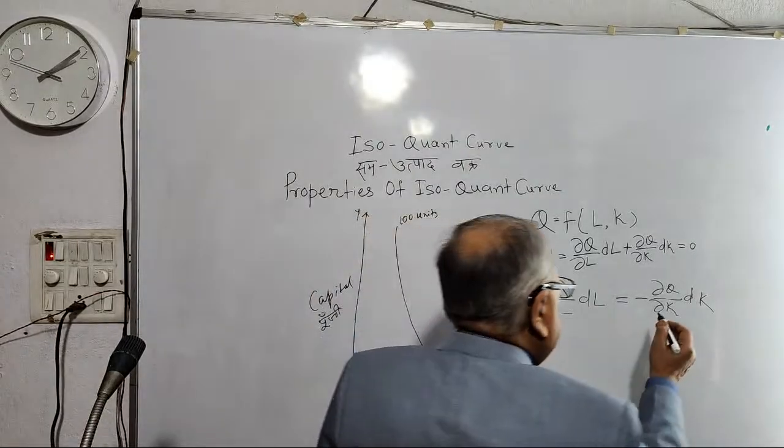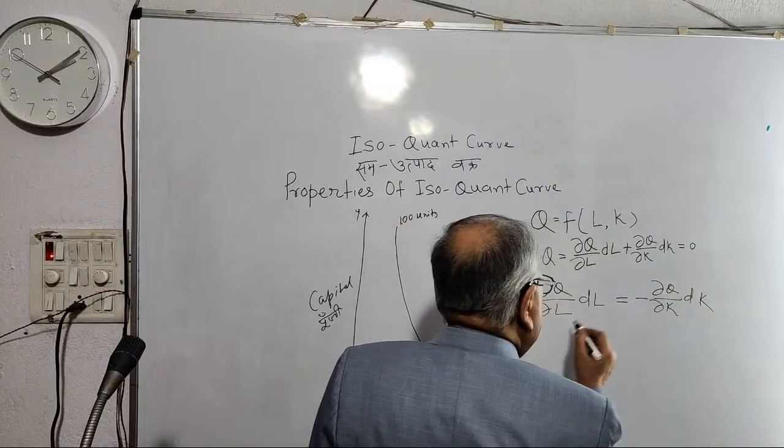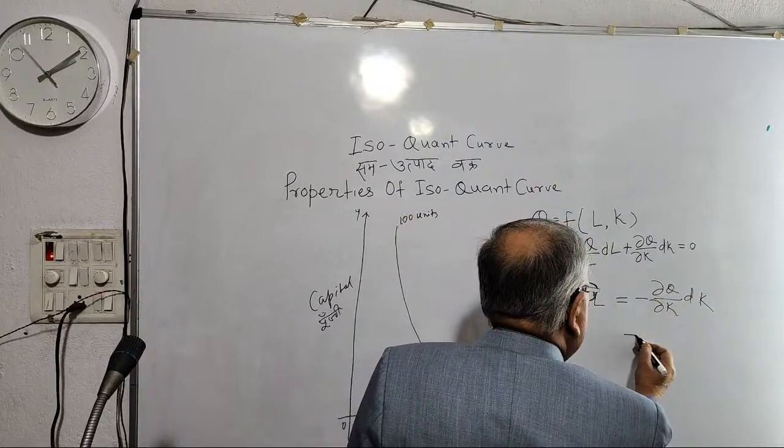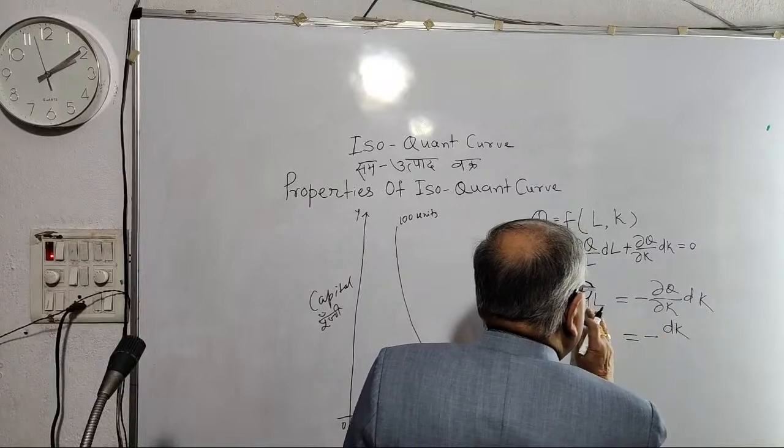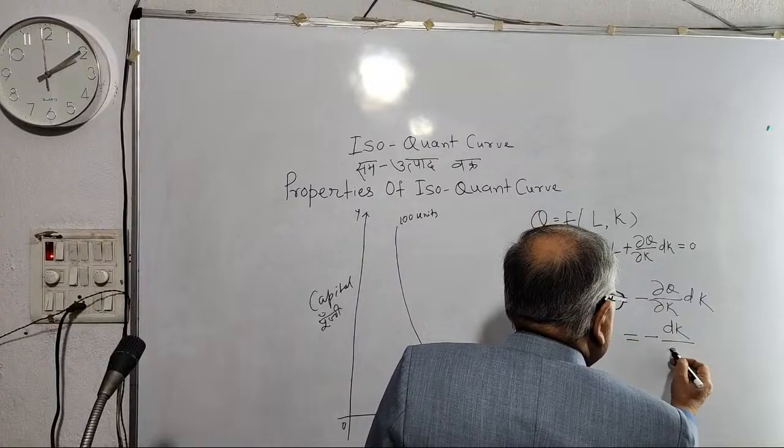So this side we will have only dK, and dL will come to the right side.